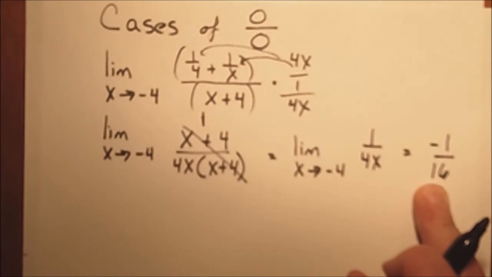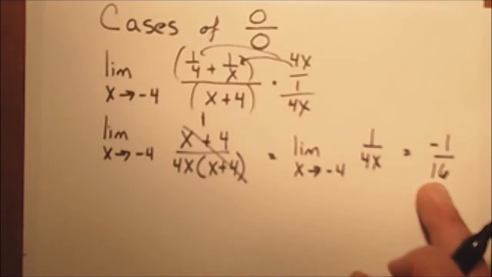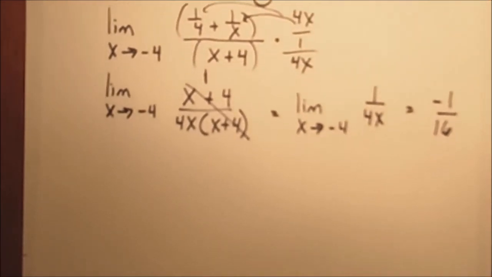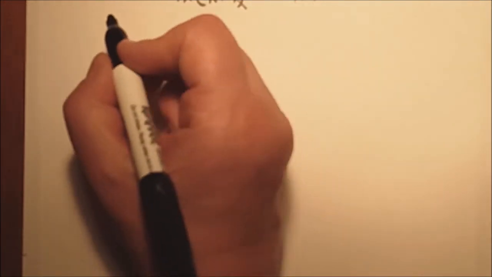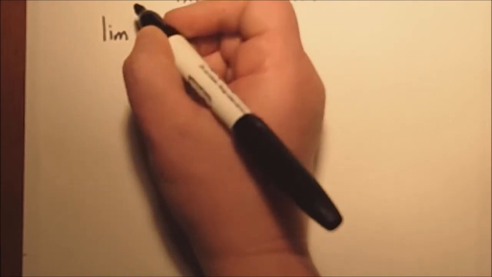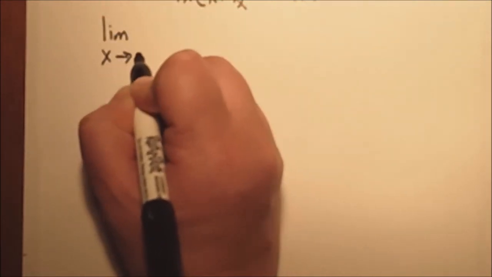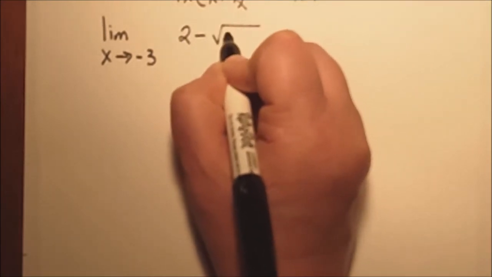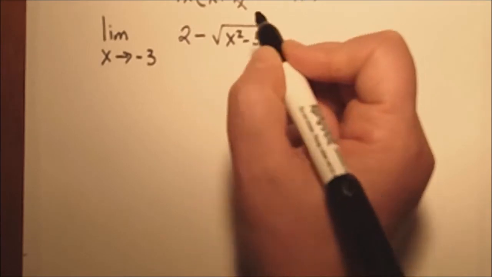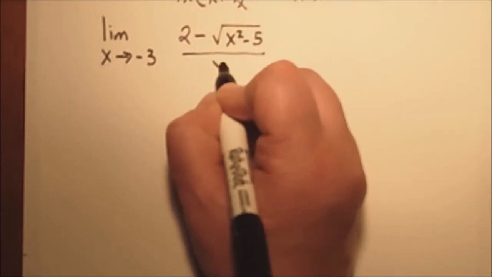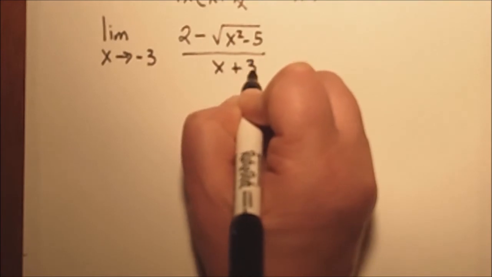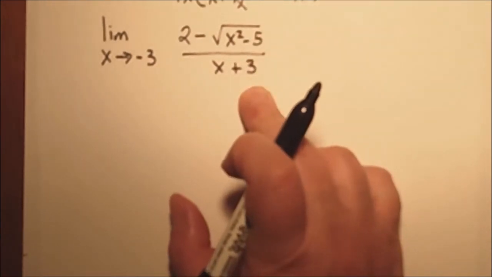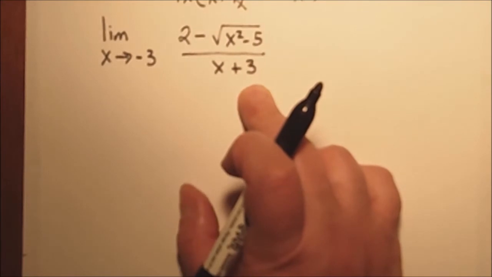Now another example, as I mentioned in the beginning of the segment, is that sometimes we would be rationalizing the numerator, not necessarily the denominator. So if I asked you to find this limit, the limit as x approaches -3, and again, if I try direct substitution, if I tried it in the problem above, or if I try it in this problem, I end up getting 0 over 0.